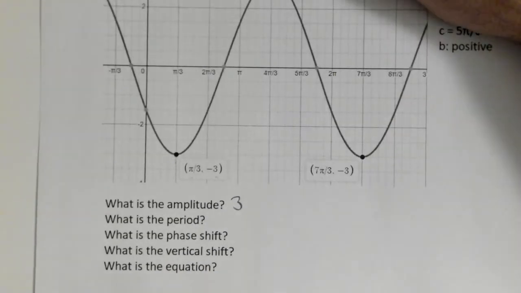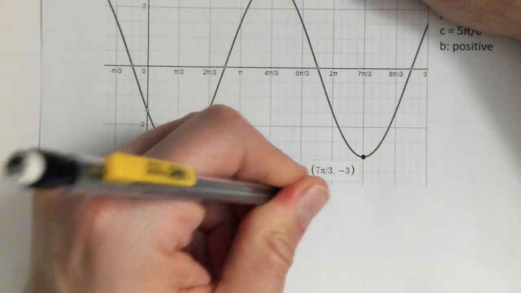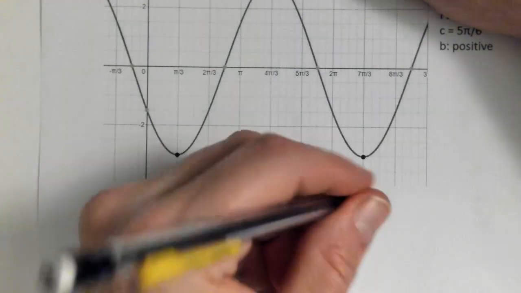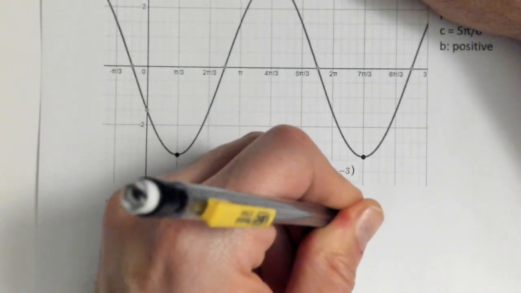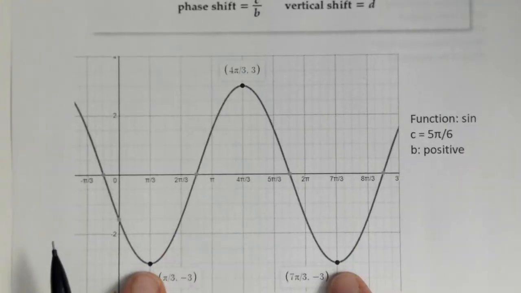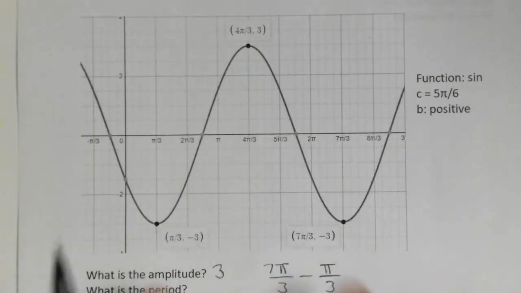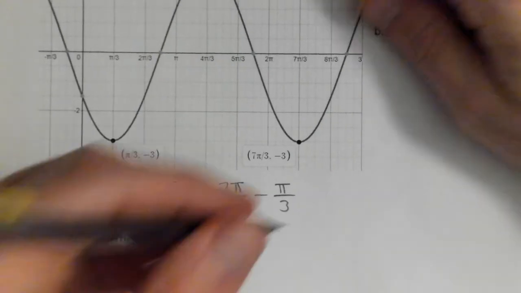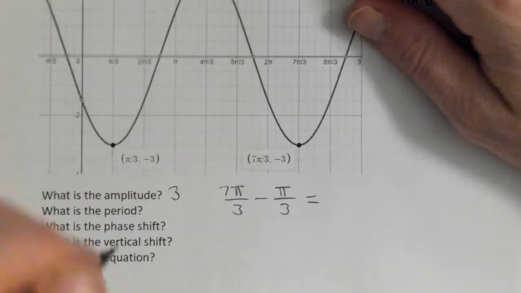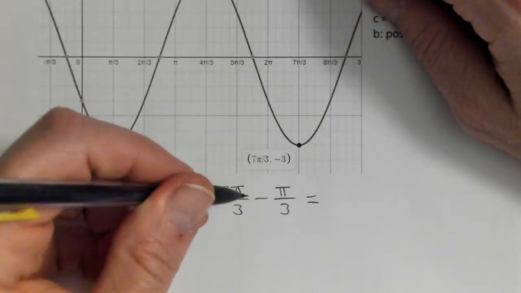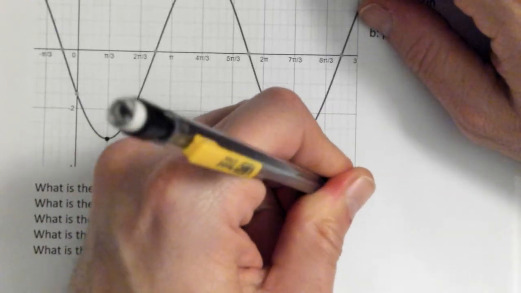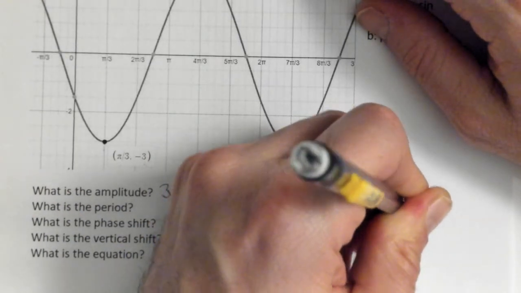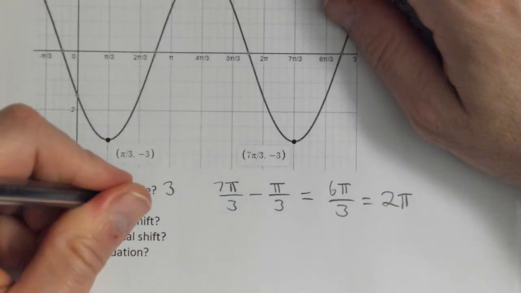So I'll subtract this first x coordinate, 7 pi over 3, minus the other x coordinate, pi over 3. All I have to do is look at the endpoints of a full cycle and subtract the x values, and that would give me the period. So let's see what this turns out to be. The denominators match, so I can go 7 pi minus pi, that'd be 6 pi over 3, which divides out to 2 pi. So 2 pi is the period.